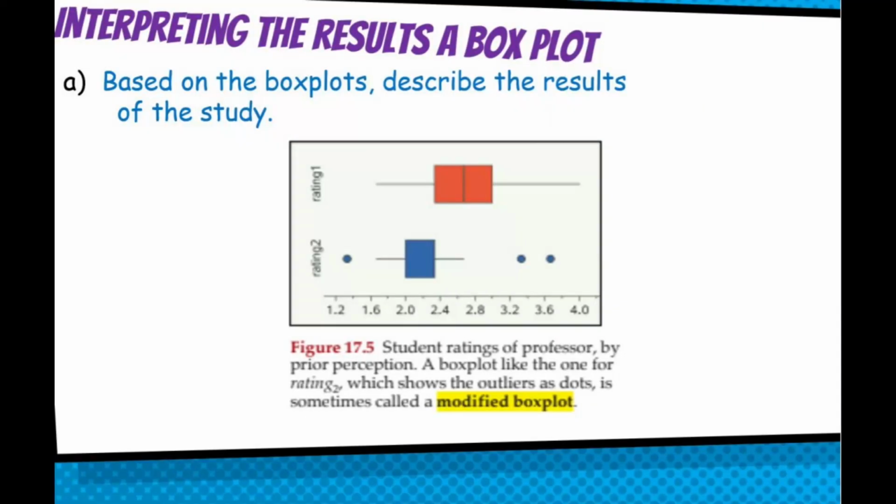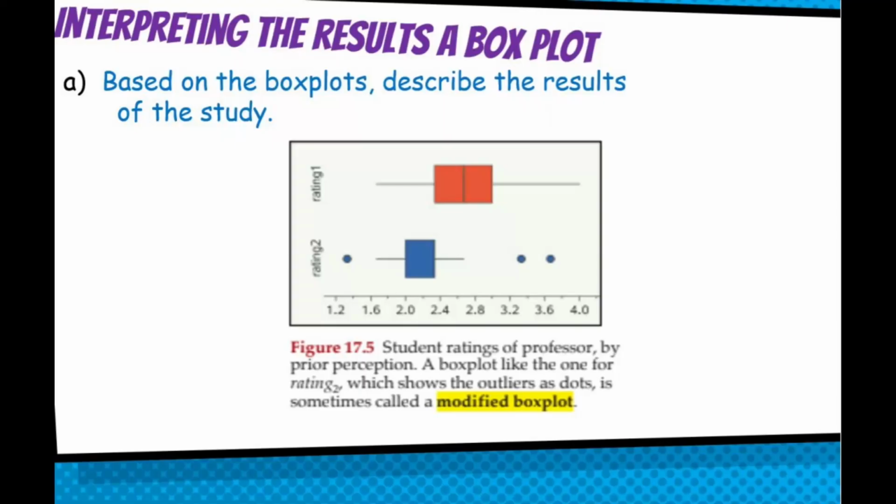So based on the box plot, how might we describe the results of the study? Well, we can compare those medians. The median of group A, or rating 1, who were told he was well liked, is higher than that of group 2. Also, the IQR is higher as well.